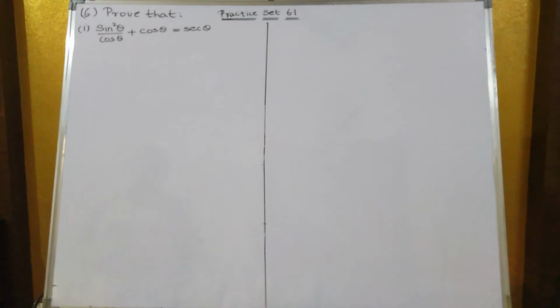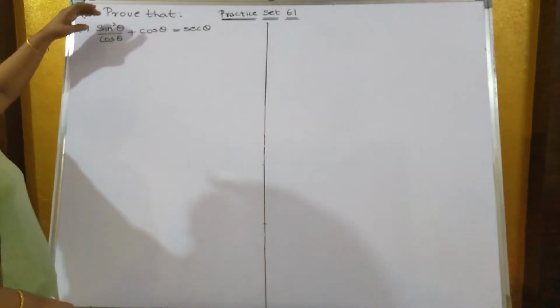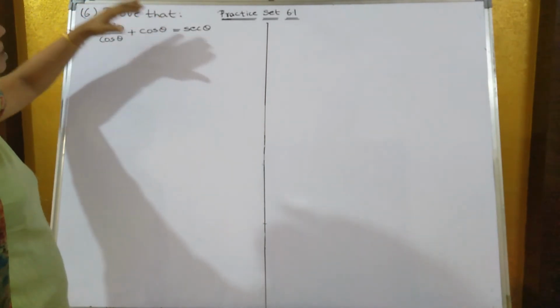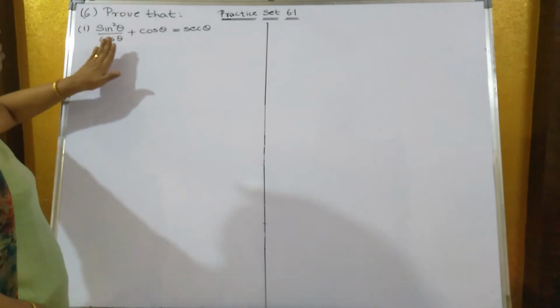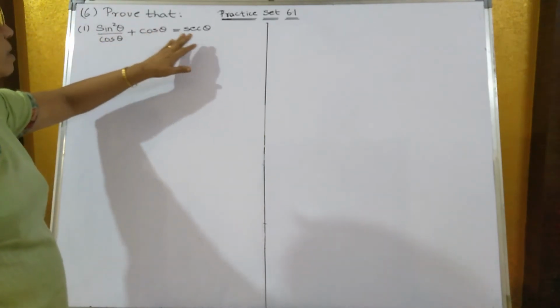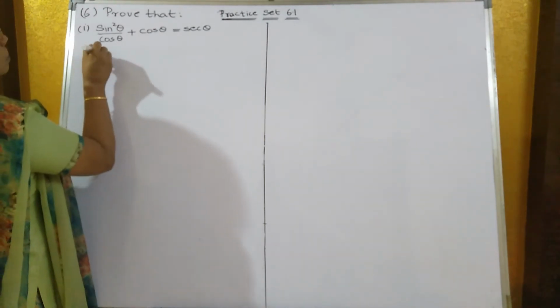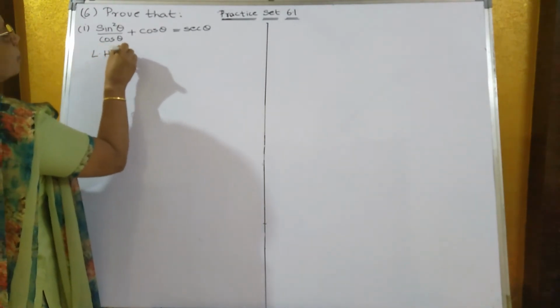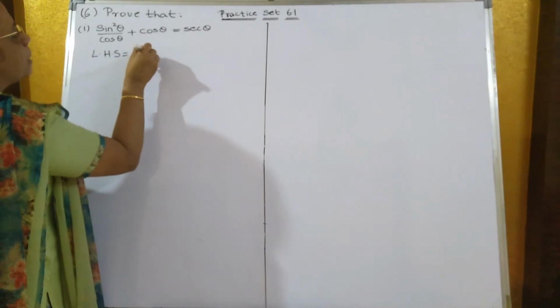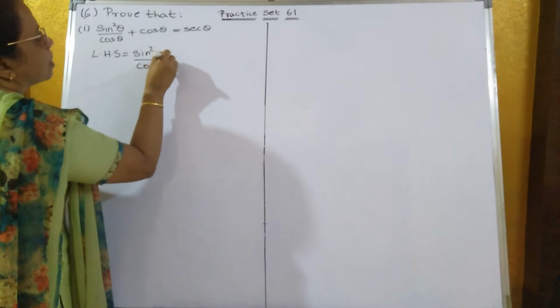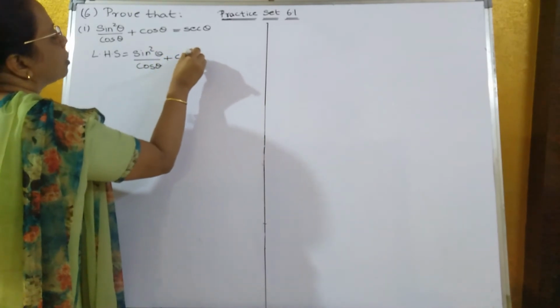Now sum number 6, we have to prove that sin square theta upon cos theta plus cos theta is equal to sec theta. Means in sum number 6, we have to prove that LHS is equal to RHS. Now what is LHS over here? LHS is equal to sin square theta upon cos theta plus cos theta. Now equalize the denominator.